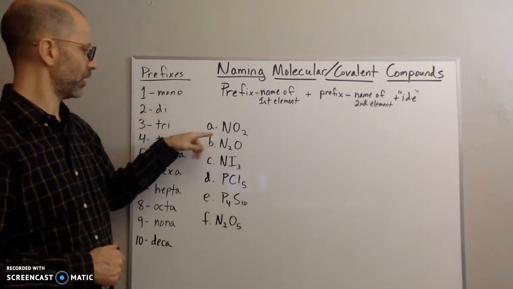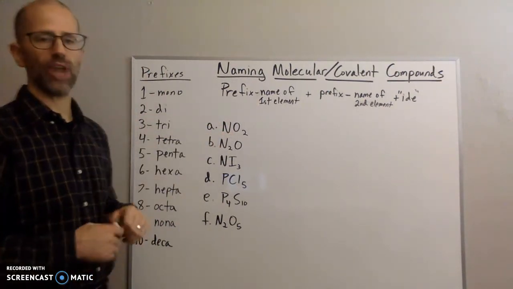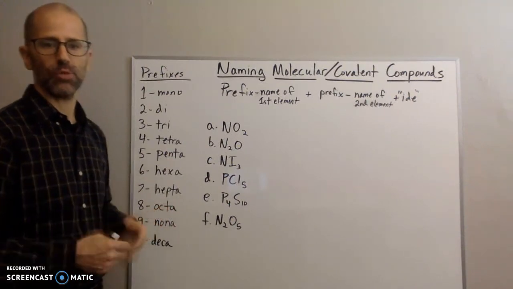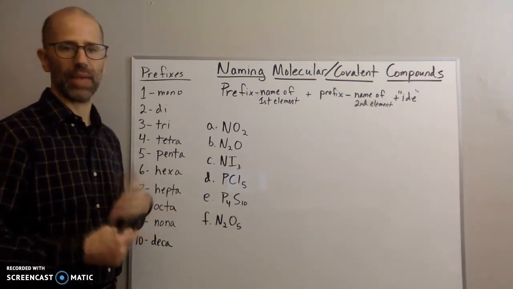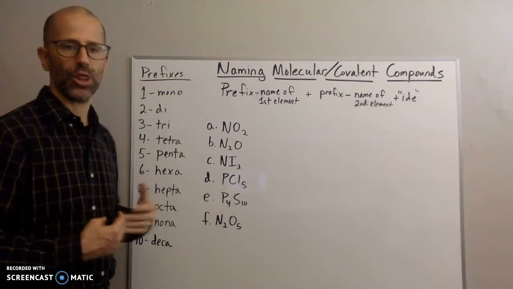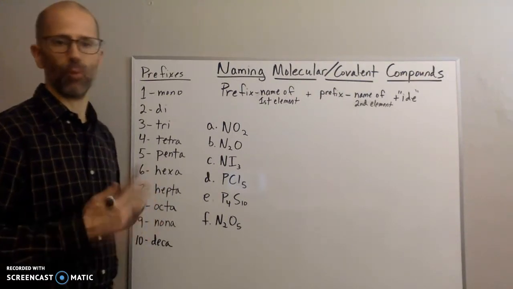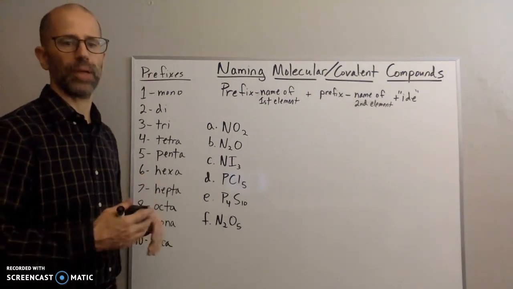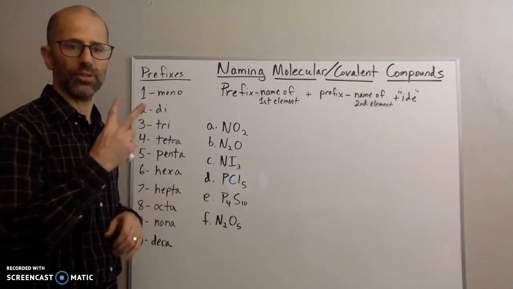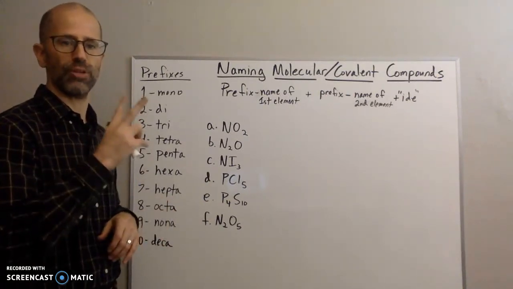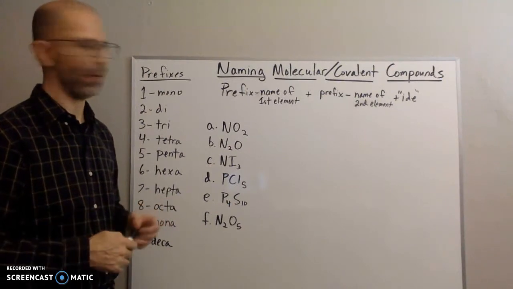Your first element, your second element. These are binary elements. We're not going to talk about how to name anything that has 3 different elements or 4 different elements. This only applies to compounds with 2 different elements in the compound.